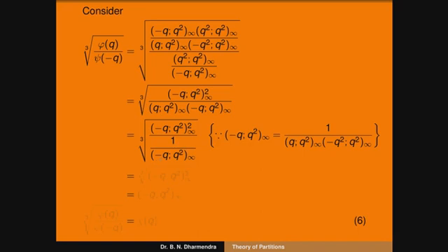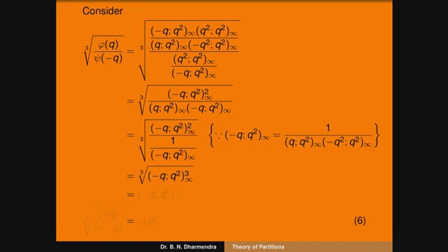Again it goes to the numerator, and that becomes (minus q; q squared) infinity whole cubed. So that is the cube root of (minus q; q squared) infinity whole cubed. Here the cube root and cube get cancelled.